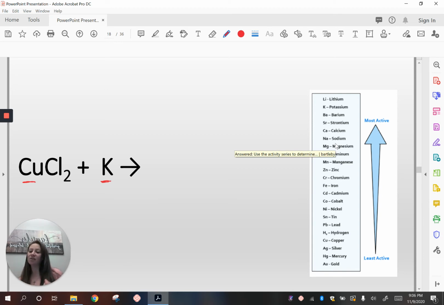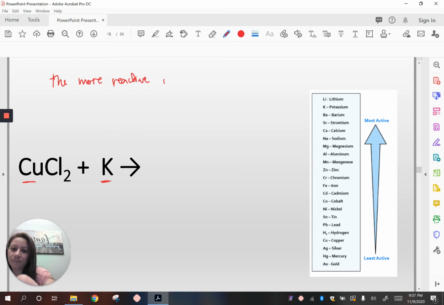And so the most reactive element is going to be the one that's most likely to be in a compound. An analogy to that is reactive or active, like social. If somebody's really social, they're going to be with somebody else. If it's somebody that's not very social, not very active, they're going to be happy the way that they are by themselves. So the more reactive element is going to be in a compound.